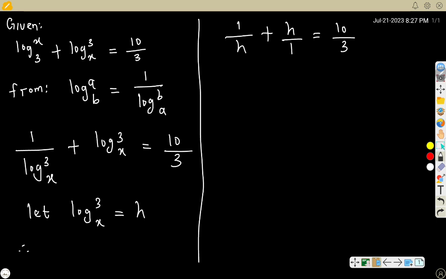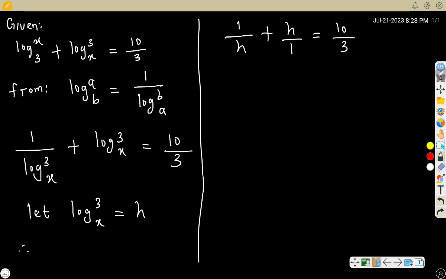If you have any equation in the form of fractions like this, instead of finding the LCM and cross multiplying, you can find the LCM of everything and multiply each term by the LCM. The method will give you a linear equation straight. What is the LCM of everything? h, 1 and 3, so it is 3h.